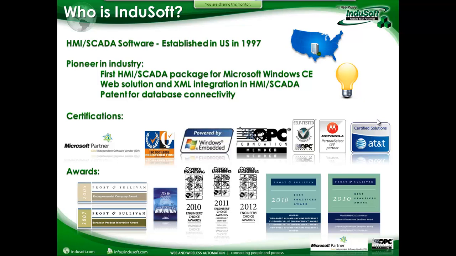So if you are maybe more familiar with us as an HMI provider than a SCADA company, please realize that we have all the feature sets that you could ever possibly want for a SCADA product, and the converse is true too. For those of you who are familiar with us as SCADA, maybe large monitoring systems, we also do very low-end systems as well. And the nice thing about the product line is that the feature set is the same across all those different license levels. So you don't have to be concerned with whether, if I change to this, I get that product within my license or not.